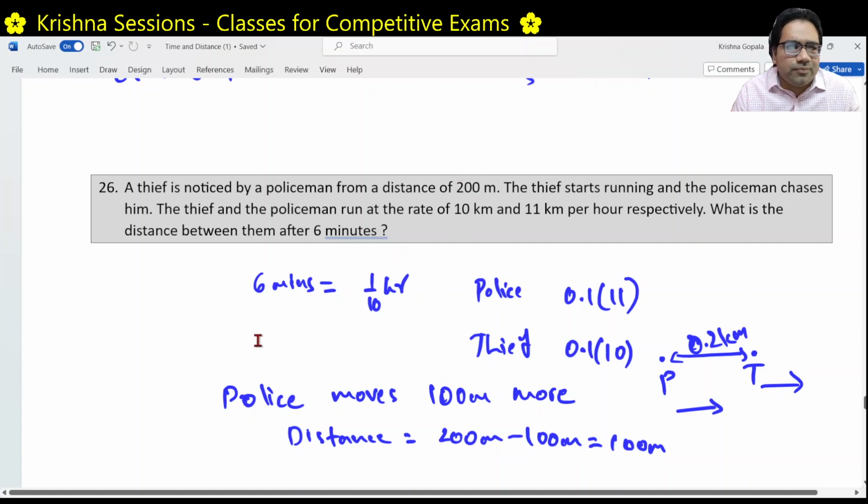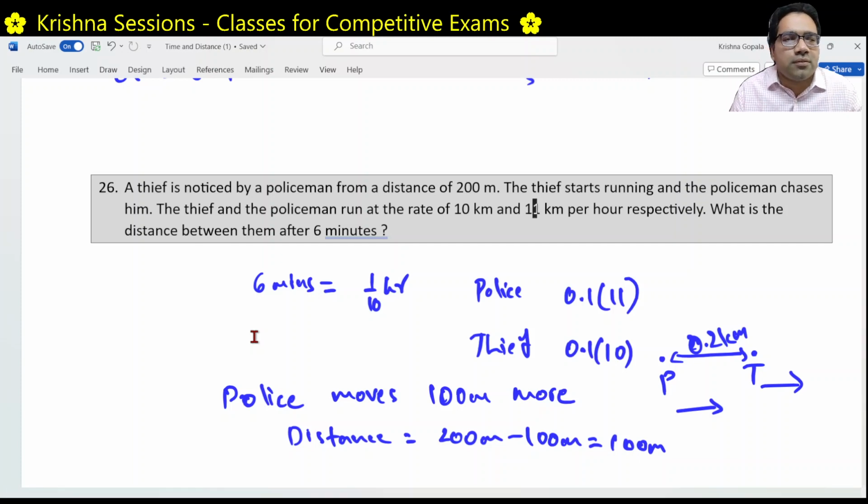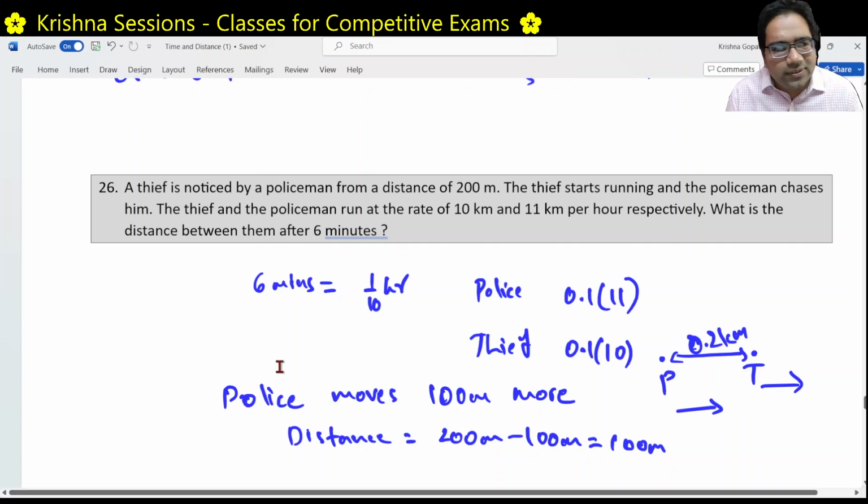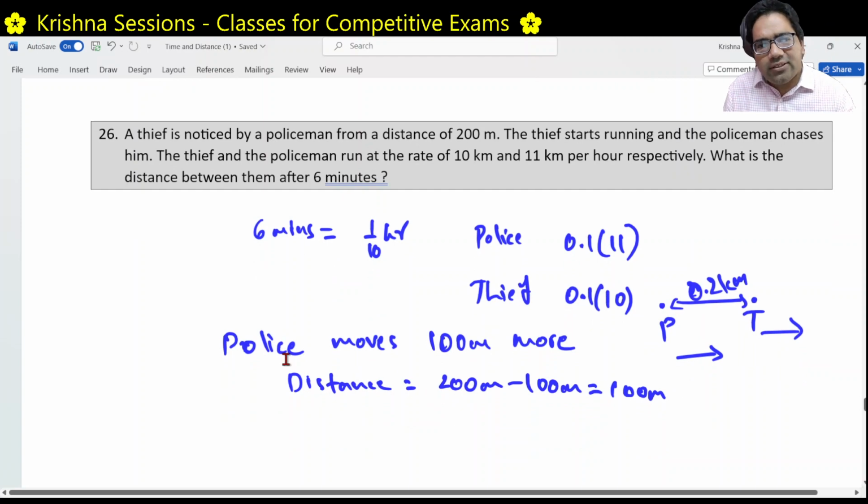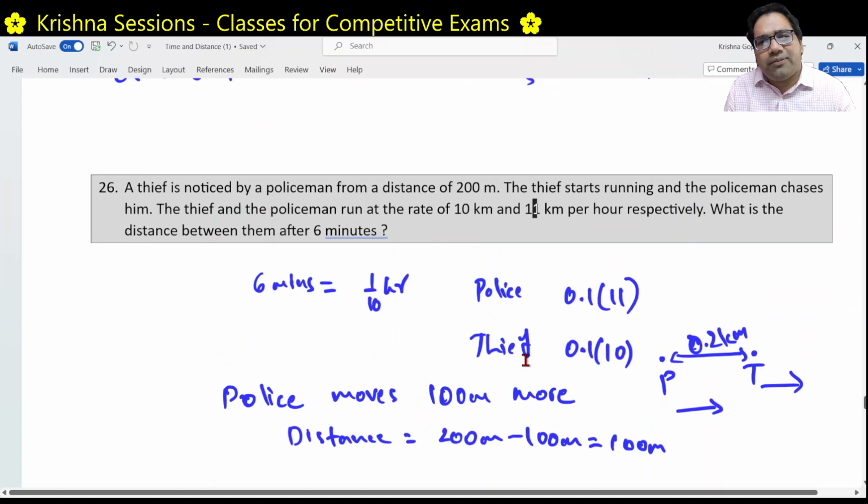So 0.2 kilometers by 1 kilometer per hour becomes 0.2 hours, which is again 12 minutes. The distance of 200 meters will be covered. That is the concept of relative speed.